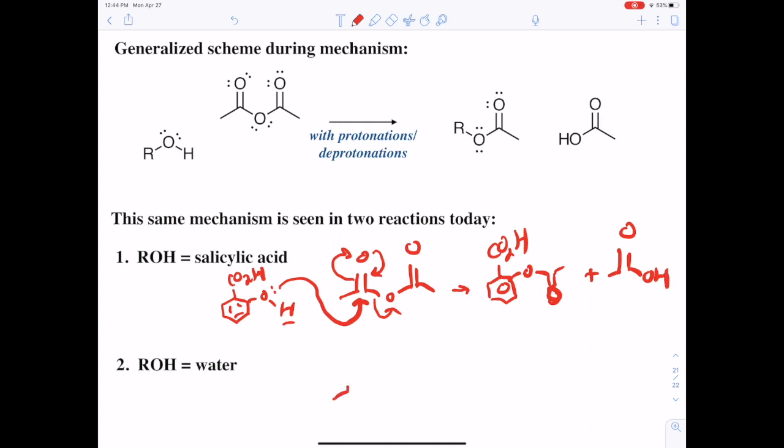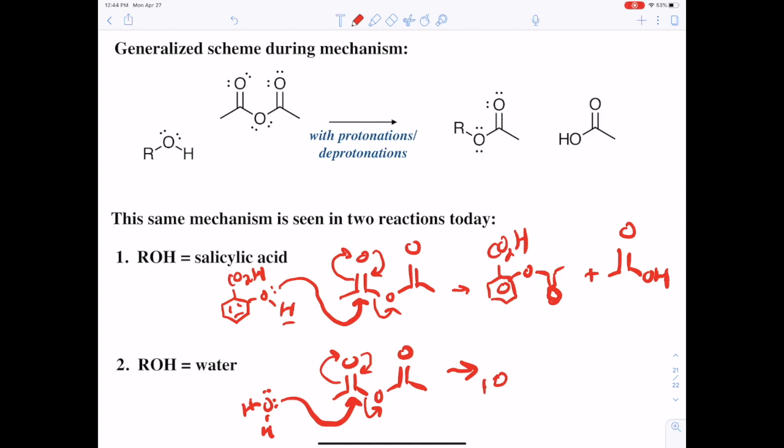Notice that you could do this with a similar nucleophile, water. Water could attack. Electrons get kicked up, they come down, this group departs. Again, H plus hops on and off of things. But what do we have here?